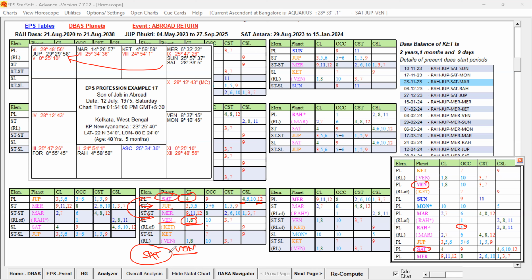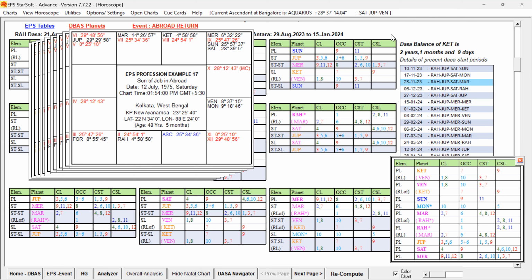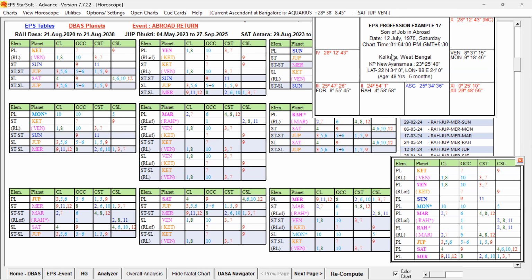So now let us check the dasa periods. We already discussed in which dasa the native traveled abroad for the job. In Moon dasa, Venus Bhukti, Venus Antara, he traveled abroad.